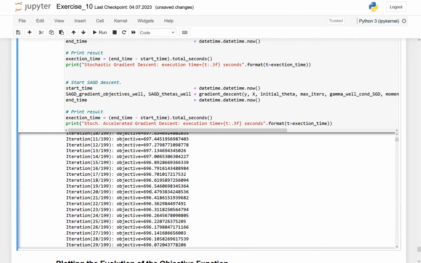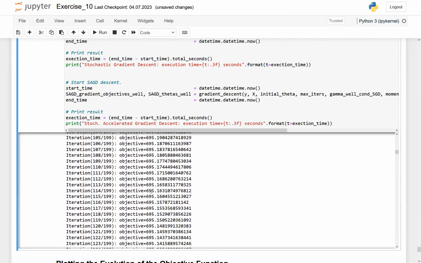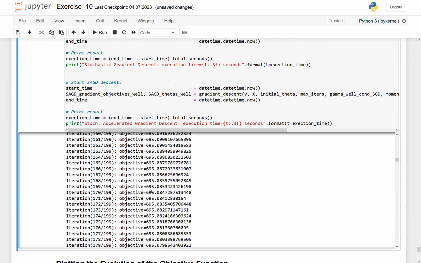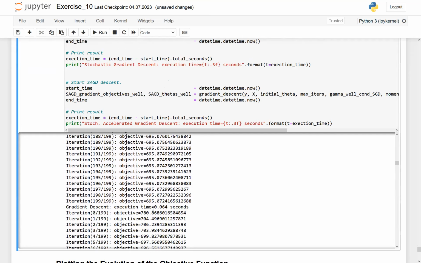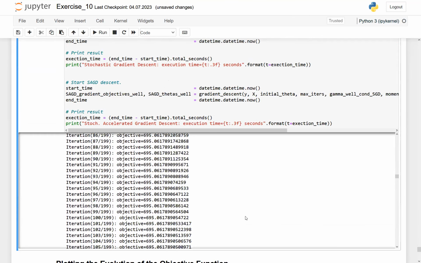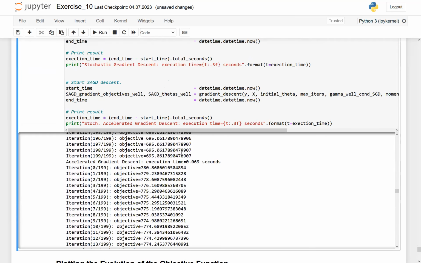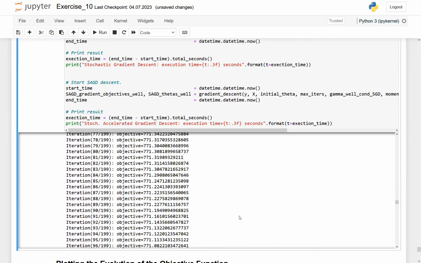So when we exclude it, then the time for full gradient is 0.64. Also for accelerated gradients, 0.06.